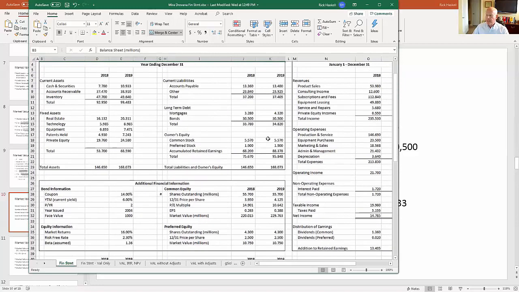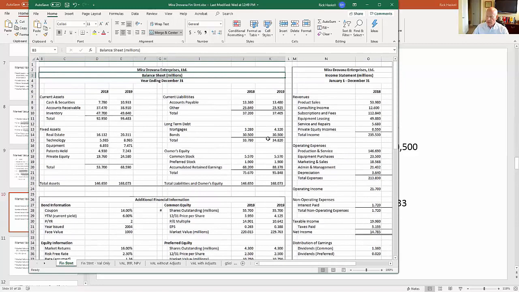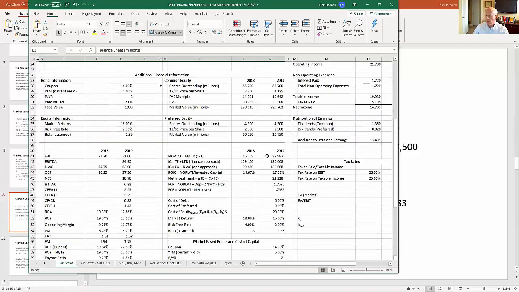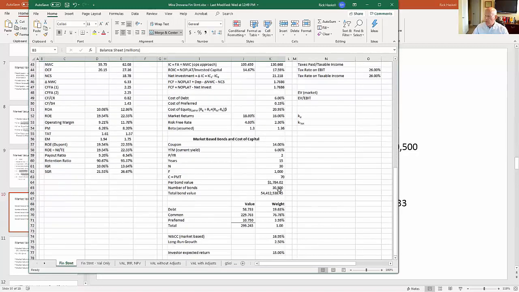We can take that $30,500,000 and divide it by $1,000 per bond, and we end up with 30,500 bonds. If we multiply that by 1,784.02, that's going to return a total market value of the bonds of $54,412,538.45 for the bond value.